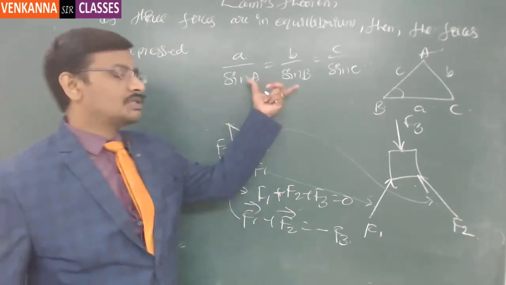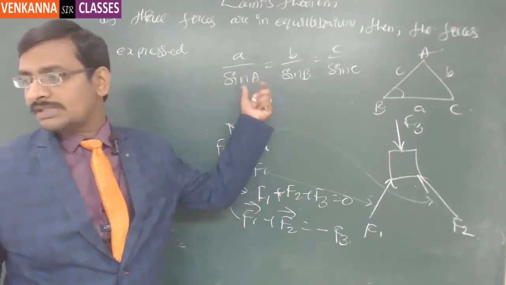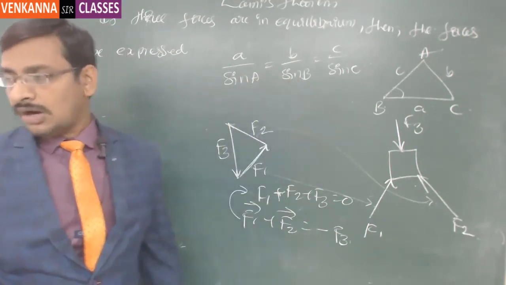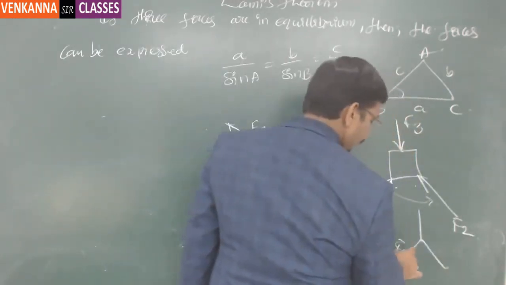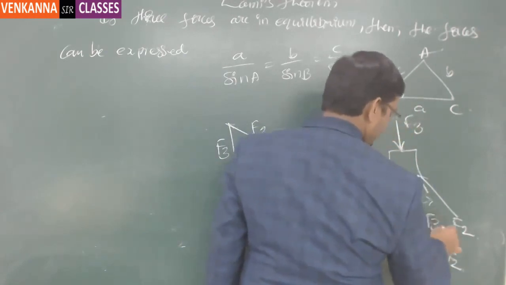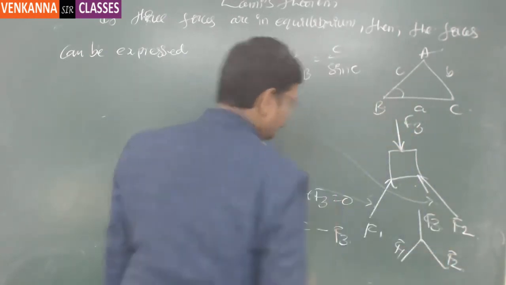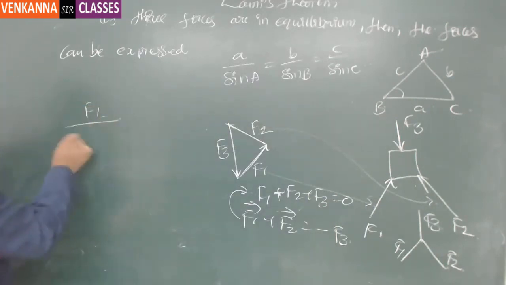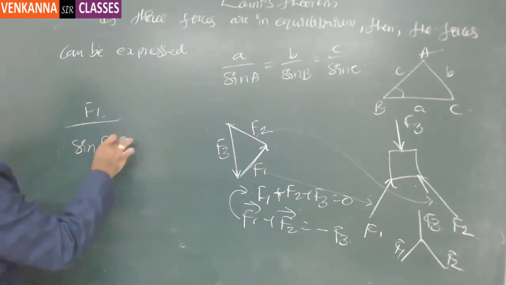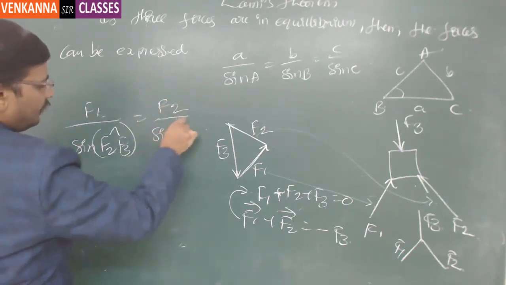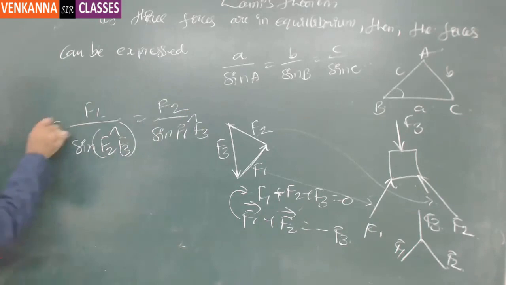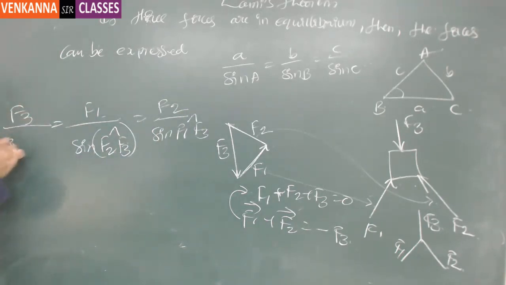Now in such a situation, how can we express this? A by sine A is equal to B by sine B is equal to C by sine C, or this can even be expressed in this format. So this is F1, this is F2, and this is F3. From this format, F1 by sine of the angle between F2 and F3 is equal to F2 by sine of the angle between F1 and F3 is equal to F3 by sine of the angle between F1 and F2.